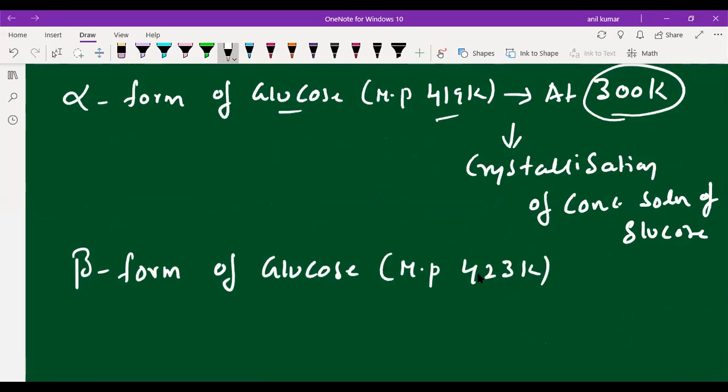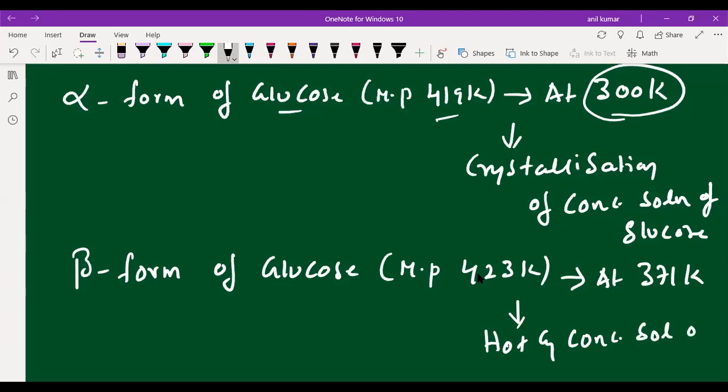And it is obtained from solution at 371 Kelvin. That means it is obtained at a higher temperature than the alpha form of glucose. It is also obtained by crystallization, but from a hot and concentrated aqueous solution of glucose. That is the difference.